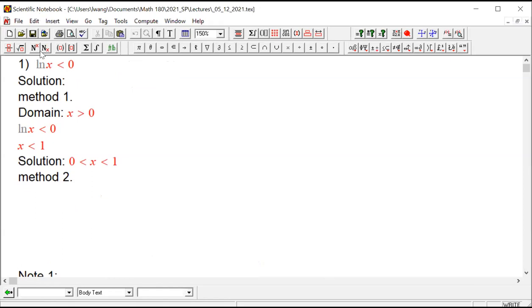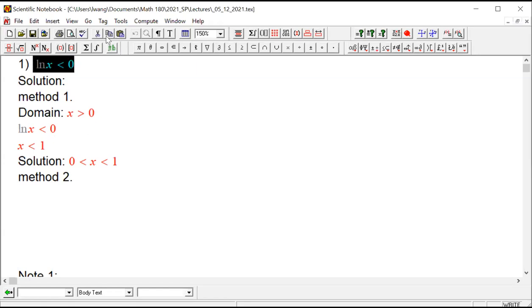How do we solve this inequality from the graph? Sometimes in a calculus class setting, you may want to use a graph. And in some other cases, you have to use a graph.